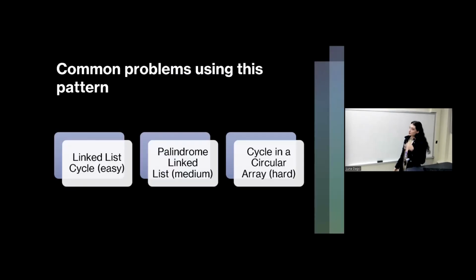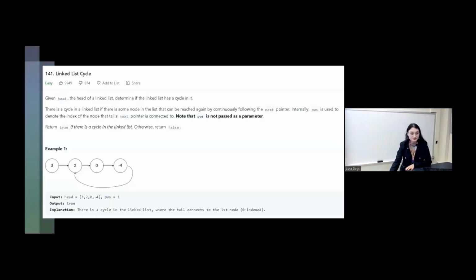So common problems that use this pattern are linked list cycle, palindrome linked list, and circular. These are the keywords: cycle, palindrome, circle. So it's very obvious to see that you can use this pattern.